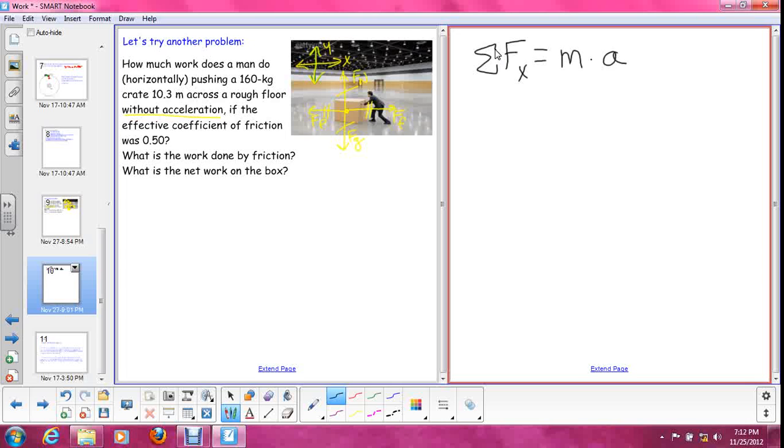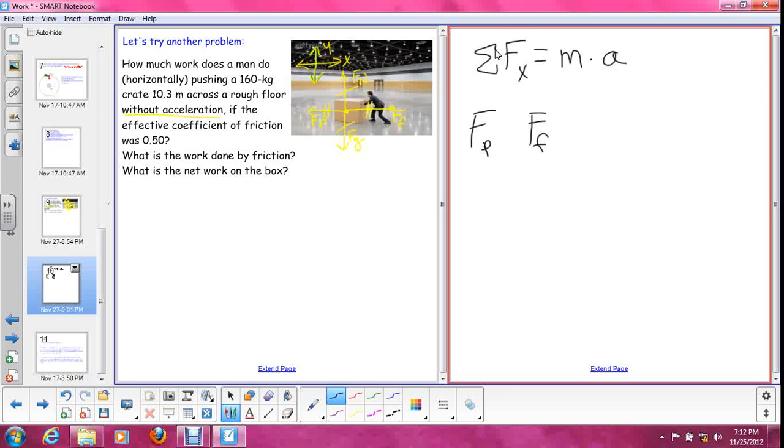So the sum of the forces in the x is the mass times the acceleration of the box. The two forces we have in the x are the force of the push and the force of friction. But they go in different directions.